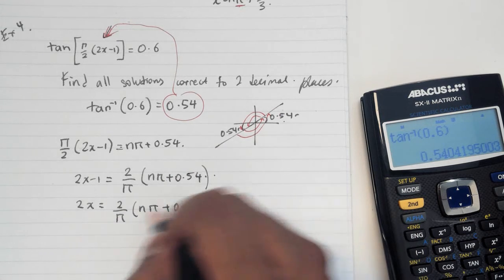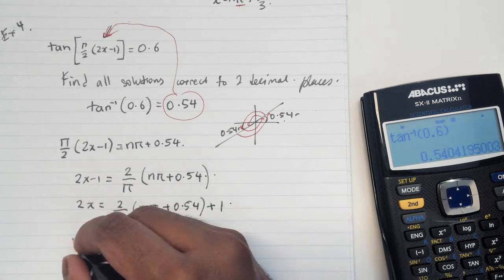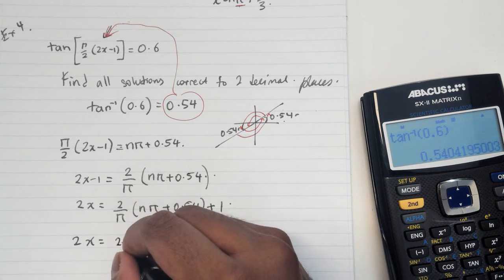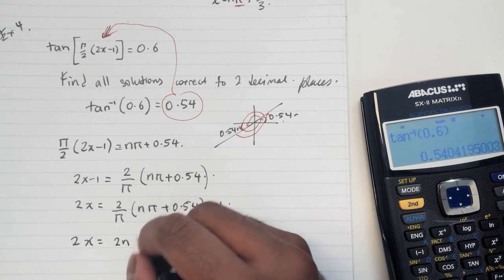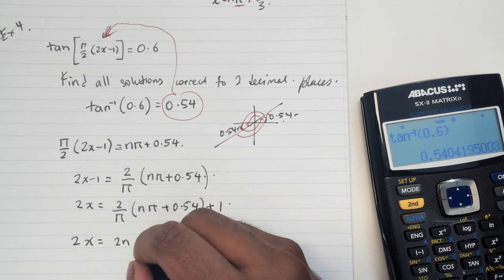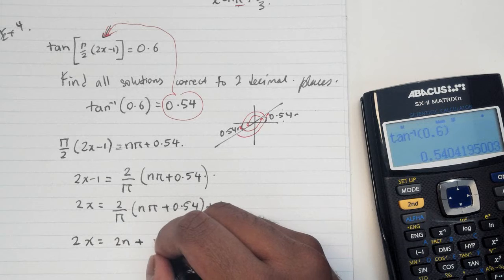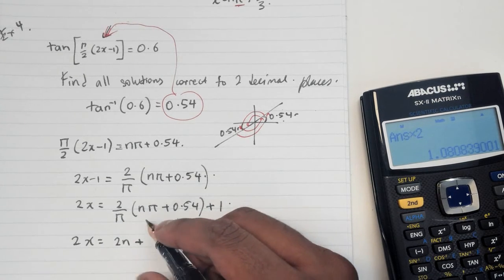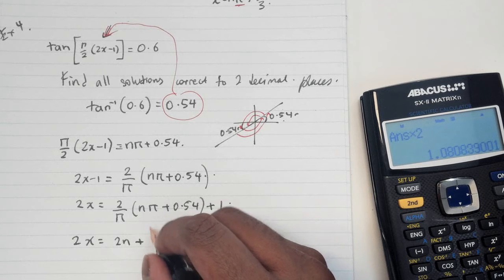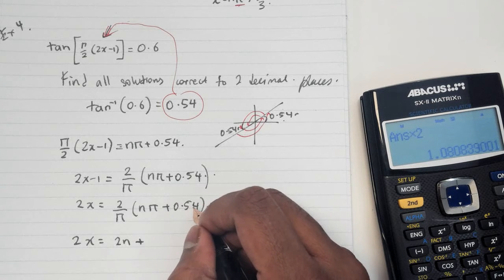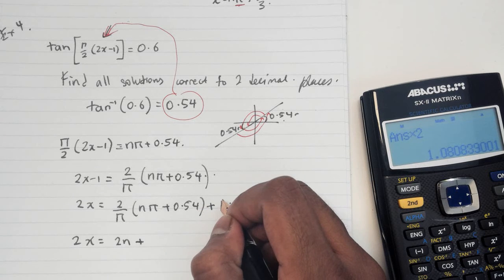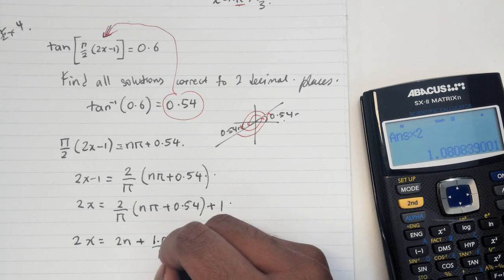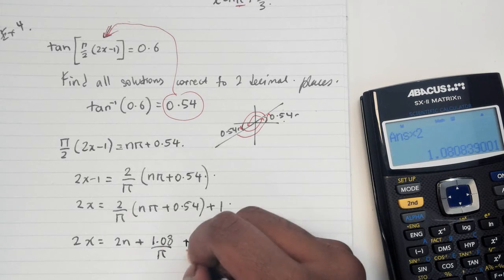So let's simplify this first before we divide it by 2. 2n, because the pi's cancel out, plus 2 times that. So we'll go 1.08 over pi and then plus 1.